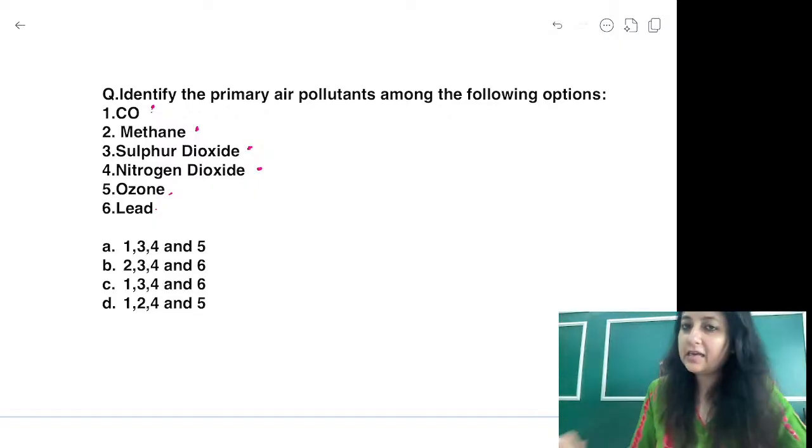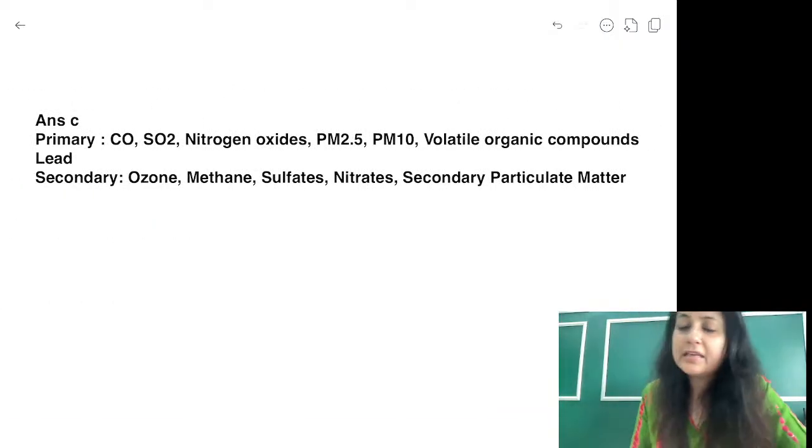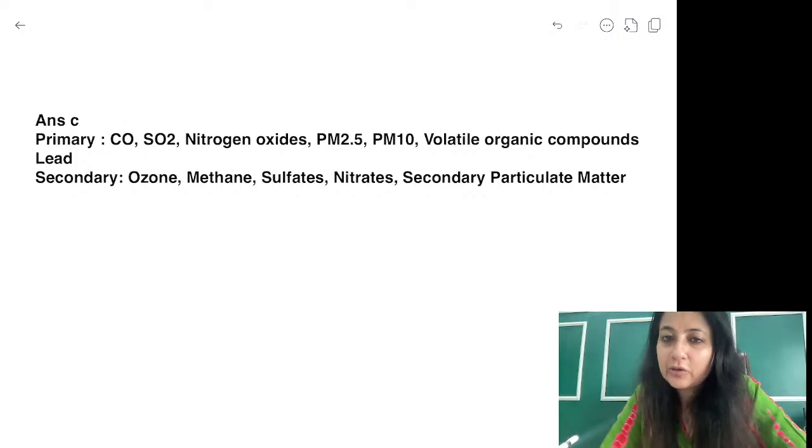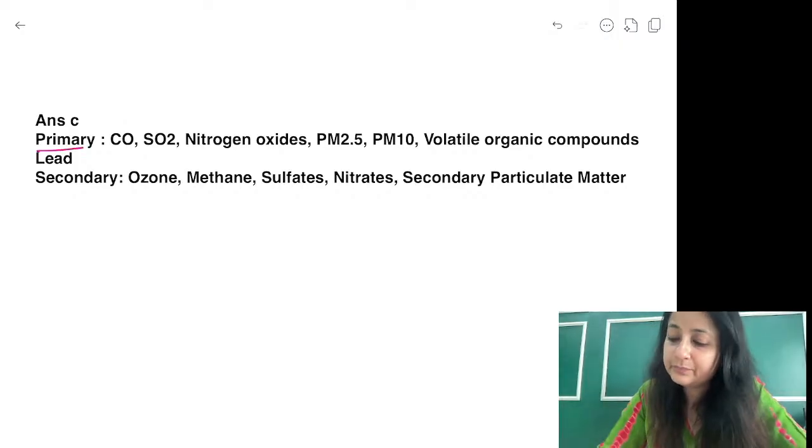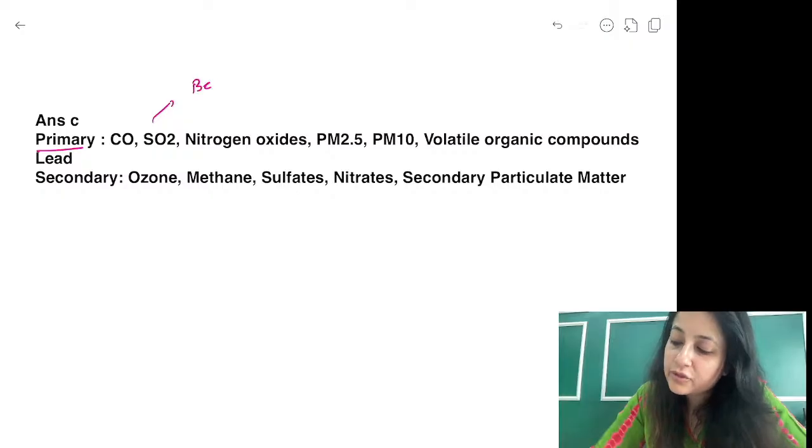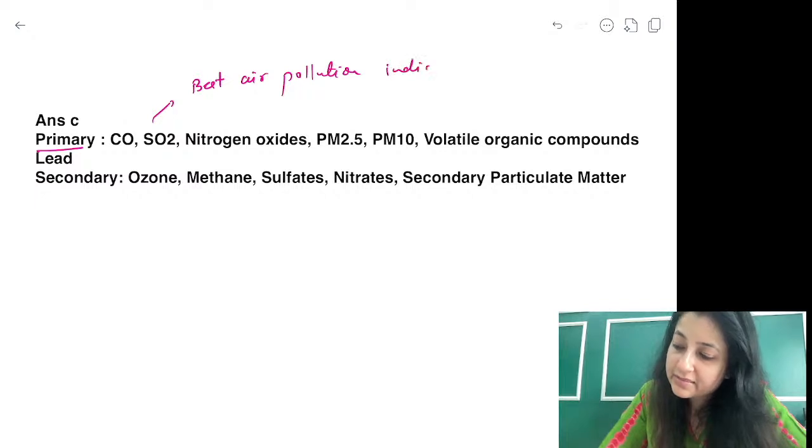All right, let me take you straight to a table. Can you see this table, everybody? Very good. Anshika and Shri have got it correct. Don't think that this question cannot turn up. The best air pollution indicator is sulfur dioxide.